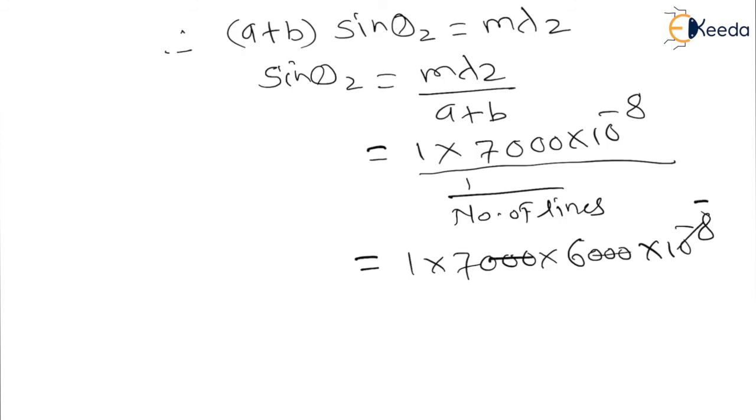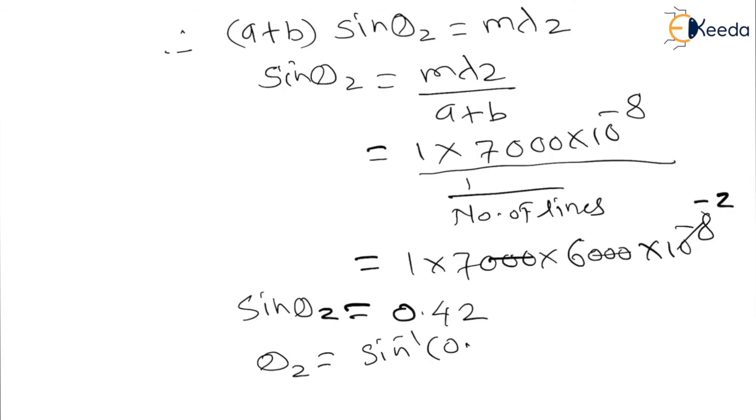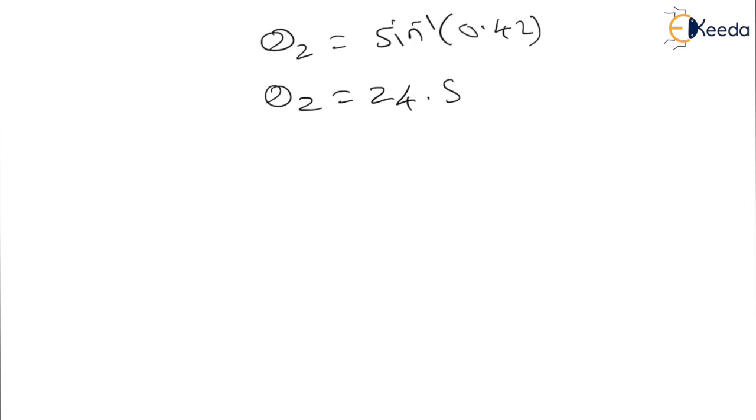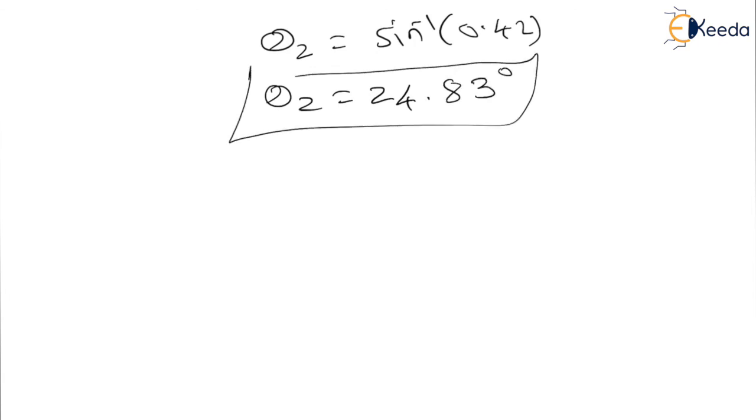Now cancelling out, it would be 0.42 for sine of theta 2. Then theta 2 is sine inverse of 0.42, so theta 2 is 24.83 degrees.